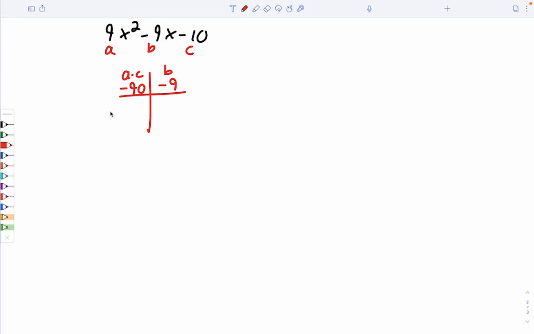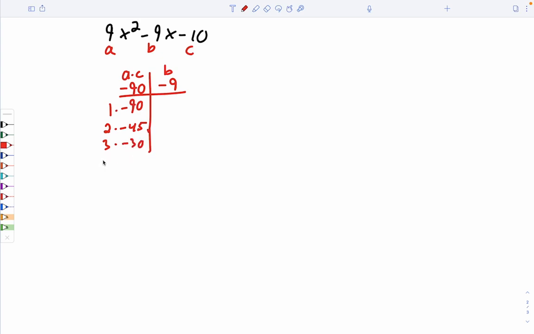Now, this one's tough to do in your head. Okay, I didn't do this one immediately in my head either. It took me a few seconds to really test a couple numbers. That's totally fine, right? So to make negative 90, let's go through some options. There's 1 times negative 90. There's 2 times negative 45. There's 3 times negative 30.